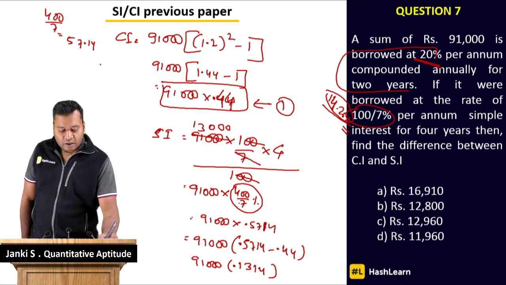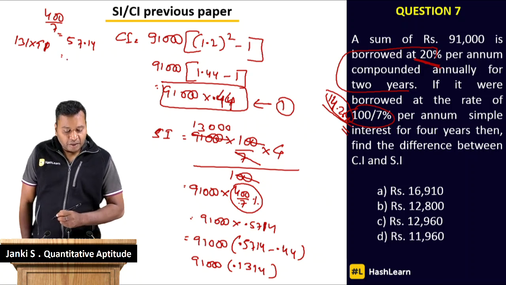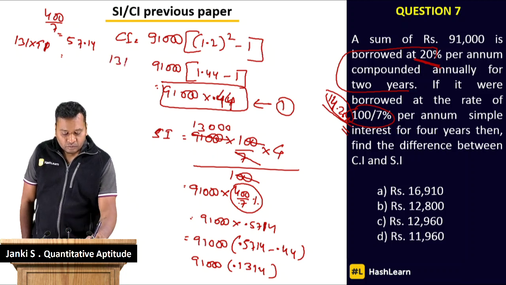131 into 91. So 131 into 91, right? Let's multiply. Let's go by the basic calculation. 131 here and 9, 7, 11, right?